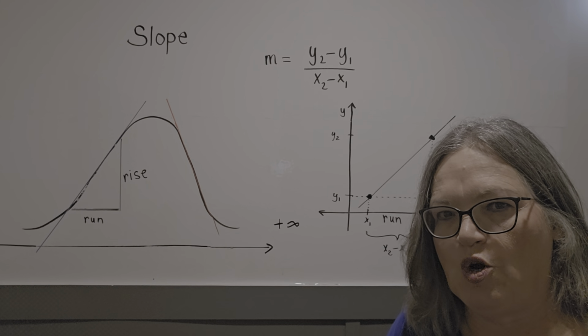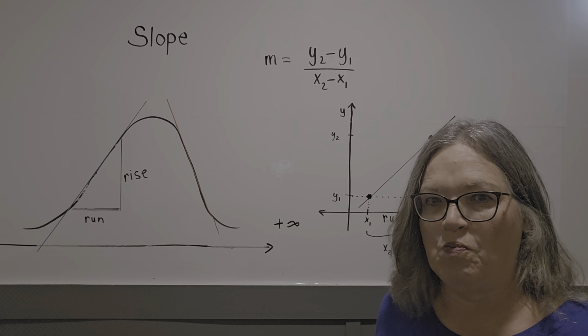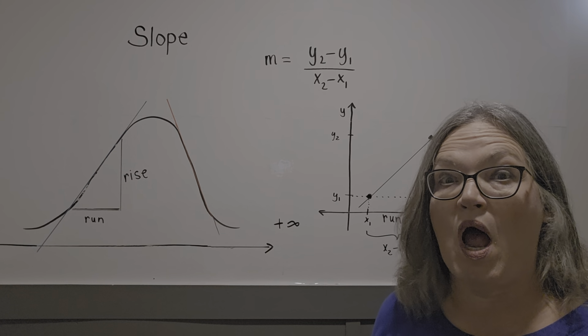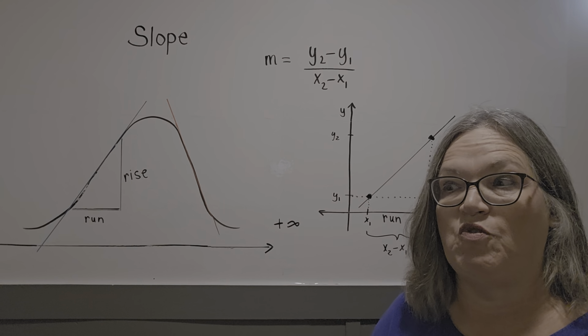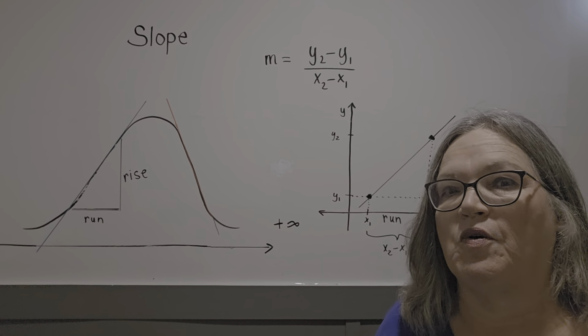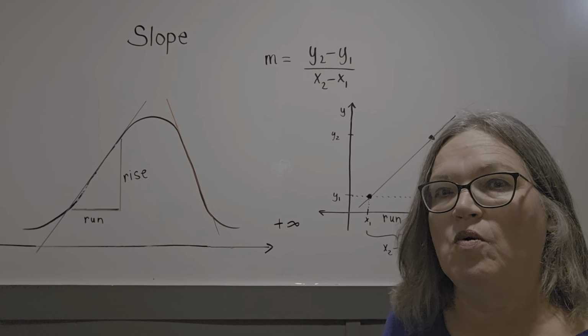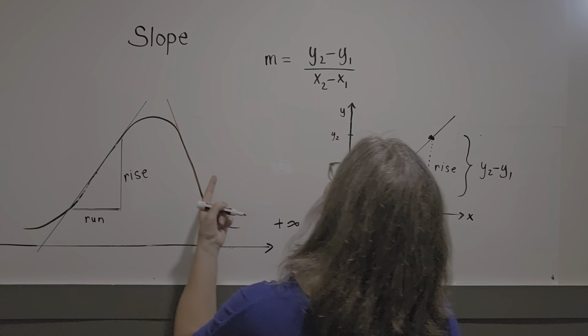And the ratio between the rise and the run tells you how steep your slope is. So if you have a lot of rise but just a little bit of run, you're going to have a much steeper slope than if you rise just a little bit for a very long run. Okay, so it's a ratio. In other words, we take the rise over the run.